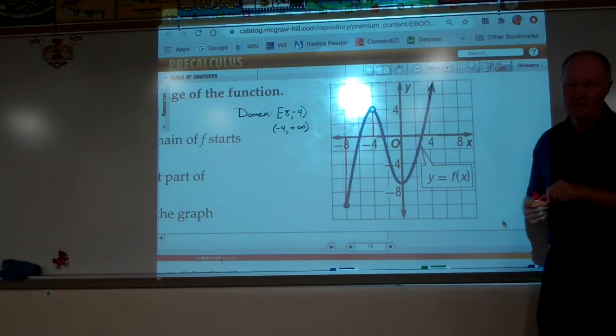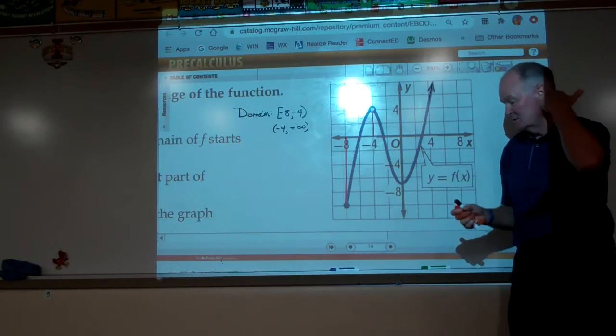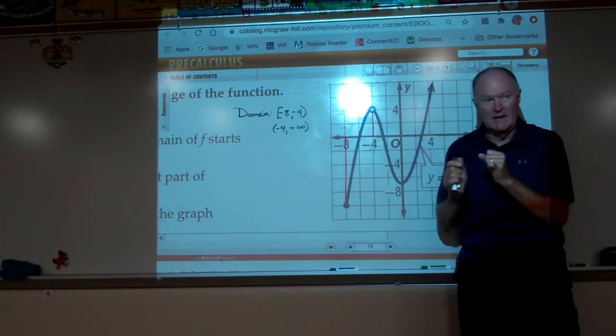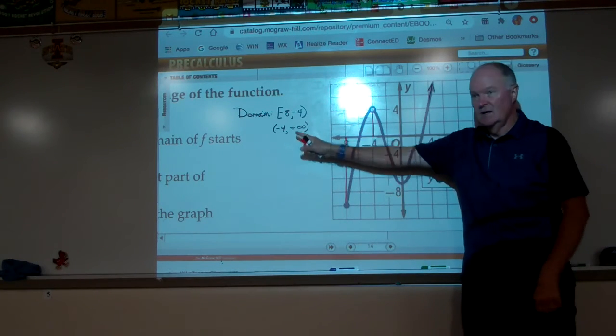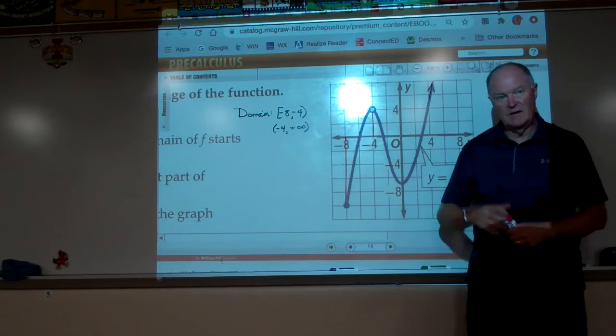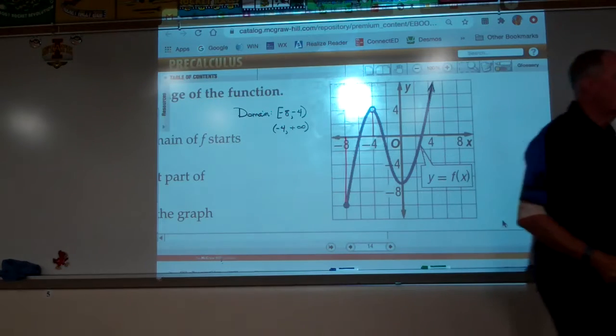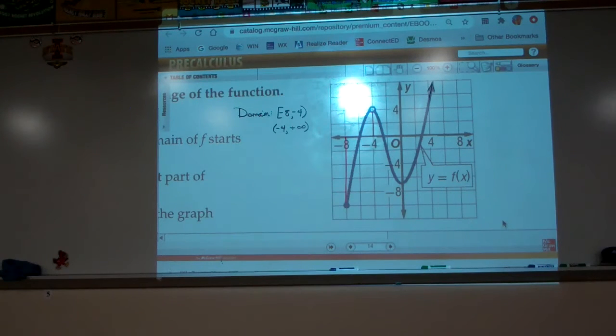And you're never going to get there. Okay? Arrows on the right are positive infinity. And here's the big key. Positive infinity, when you write it, will always be on the right. Negative infinity will always be on the left. So, just kind of a little helpful hint.